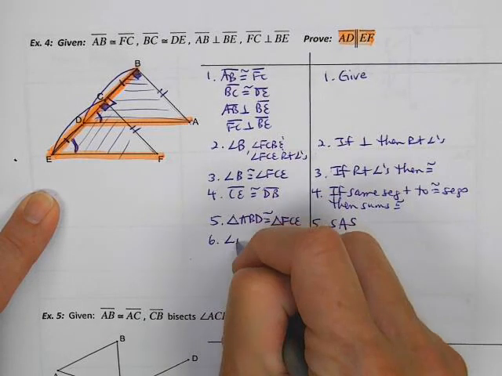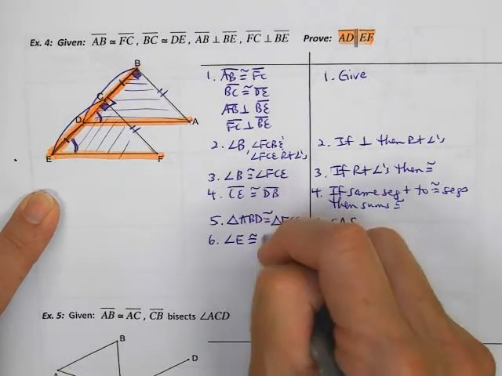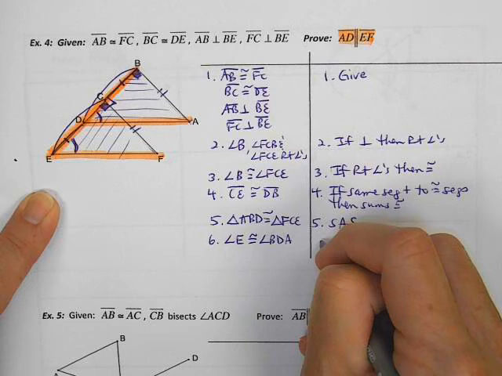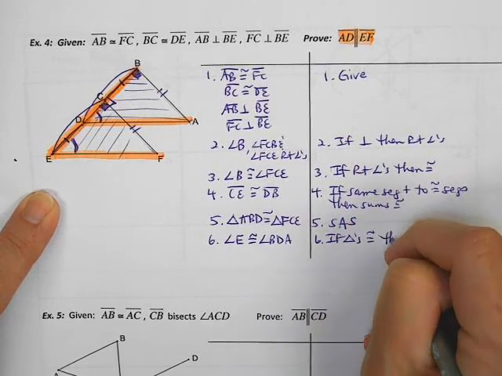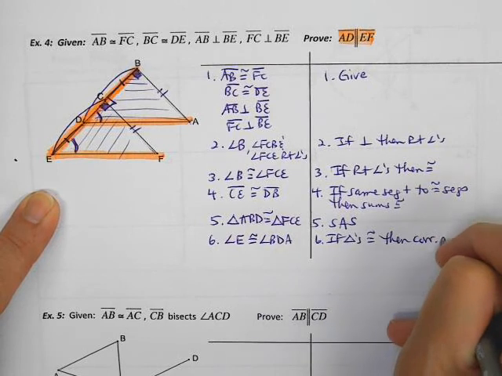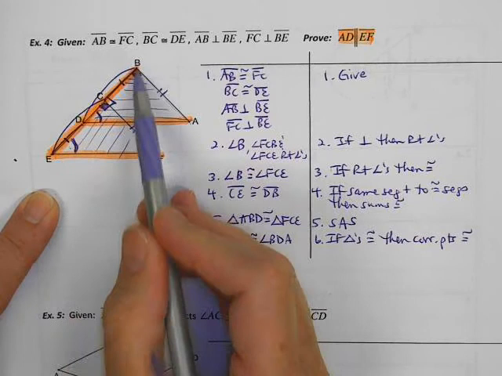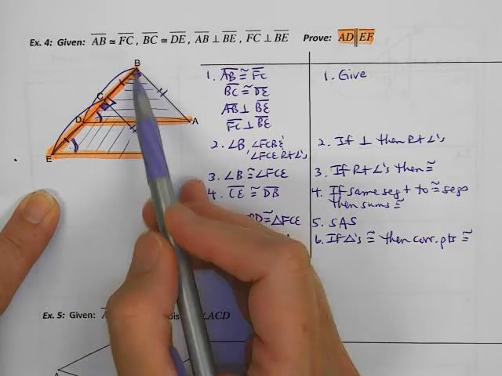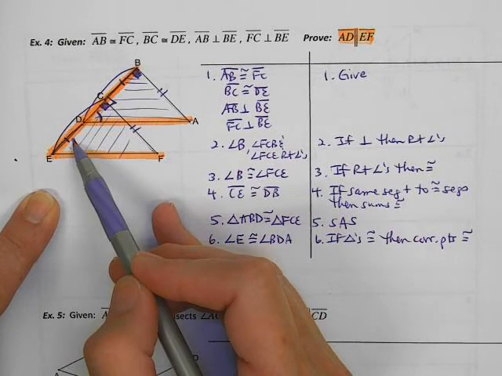So I'm going to say angle E is congruent to angle BDA because if triangles are congruent, then their corresponding parts are congruent. But now these two angles for these orange lines and this transversal are corresponding angles. They're both in the top right corner.